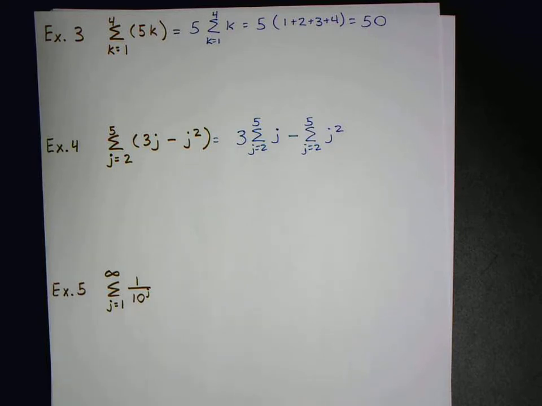According to my rules, I can pull the 3 out to the front and I can separate them. What it does is it simplifies the amount of calculations I have to do.